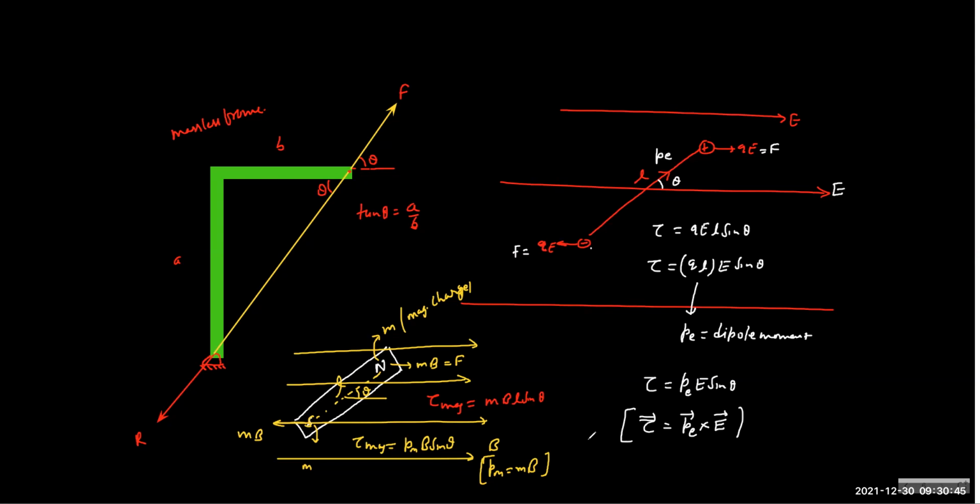And why does it turn? To make the torque zero, and the only way it can make the torque zero is when it is collinear with the field itself. So every magnetic compass, if kept in a uniform magnetic field, will align itself with the field. Then only the torque will be zero.